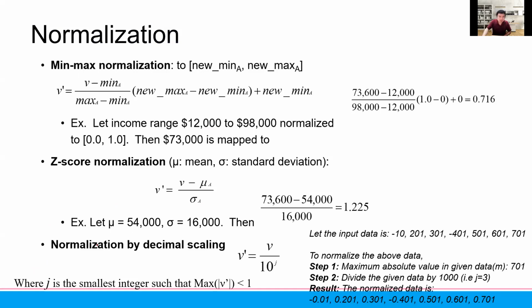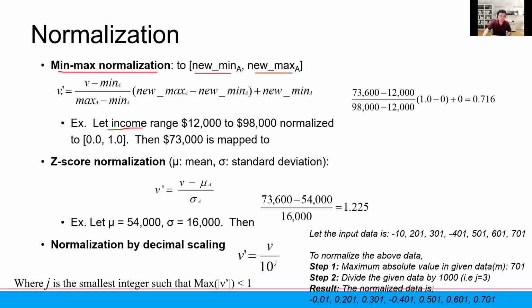The basic normalization is mostly the min-max normalization. In min-max normalization, we need to decide the new minimum and the new maximum. Let's say I have income. I just want to explain the example instead of the formula.